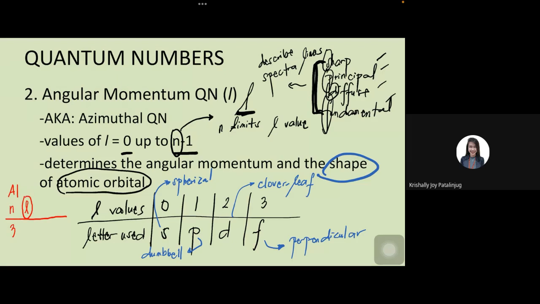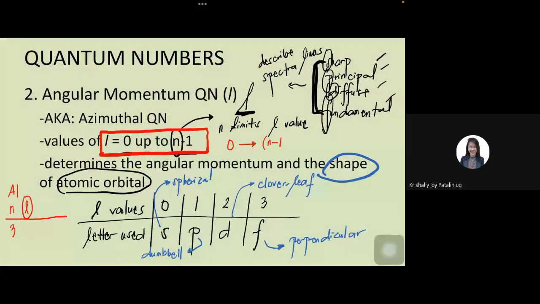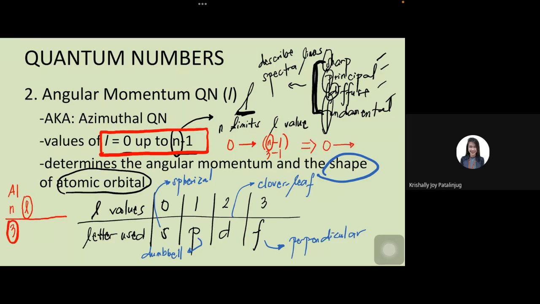The L value is from 0 up to n minus 1, so we need the n value to identify the complete values for L. The given n value for aluminum is 3, so you substitute 3 minus 1, which is 2. So that means from 0 up to 2.